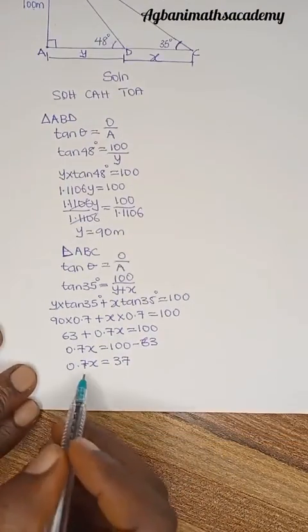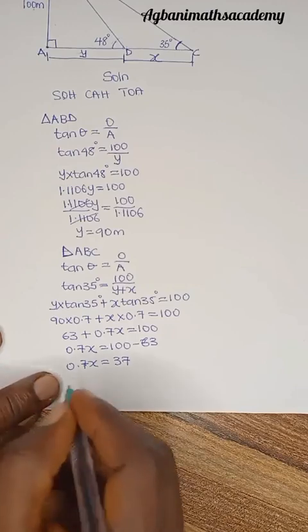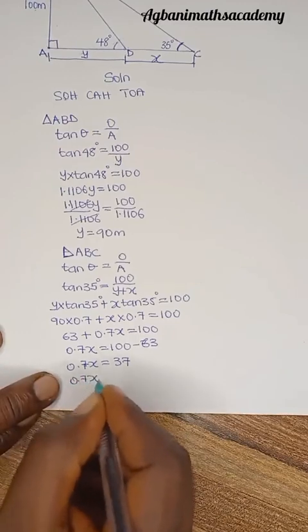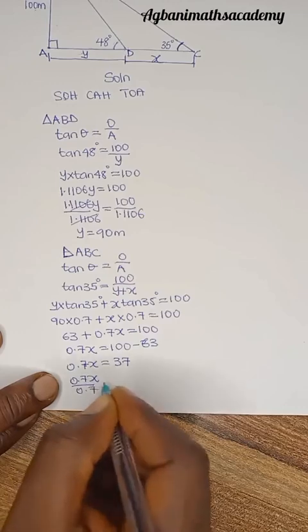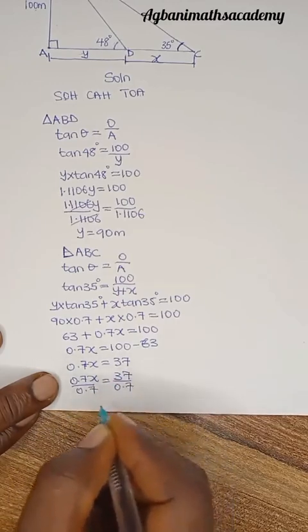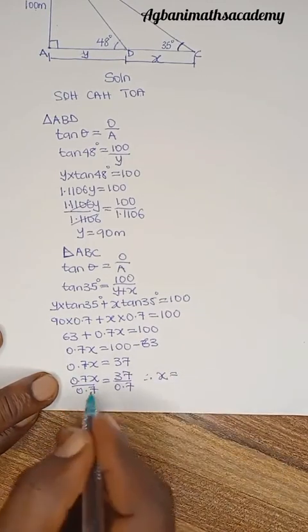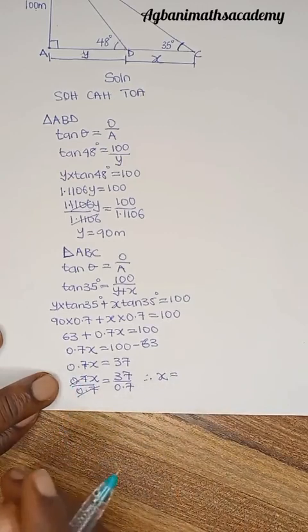Okay. So for us to get the value of x, we are going to divide both sides by 0.7. So 0.7x all over 0.7 is equal to 37 all over 0.7. This means, therefore, x is equal to, 0.7 is going to cancel out 0.7, right?